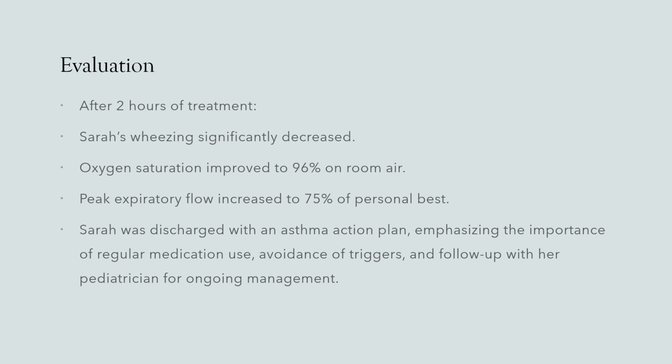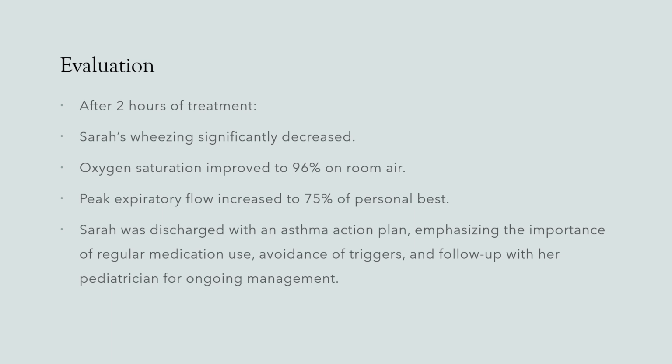Okay, so after 2 hours of treatment in our ED, her wheezing has decreased significantly. Her oxygen saturation is now normal. We're going to redo those pulmonary function tests, and her peak expiratory flow has increased quite a bit. And she is stable to go.